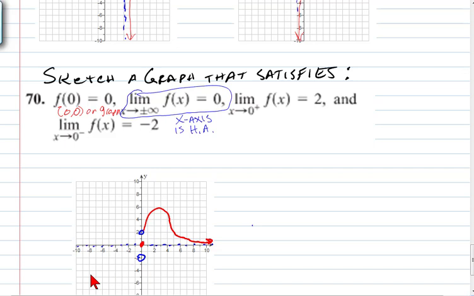I had more choices. I could have done this. I mean, I can do anything I want as long as the endpoints become asymptotic to the x-axis. Because I've satisfied each one of those conditions. There's a lot of leeway here. There's a lot of different correct answers.